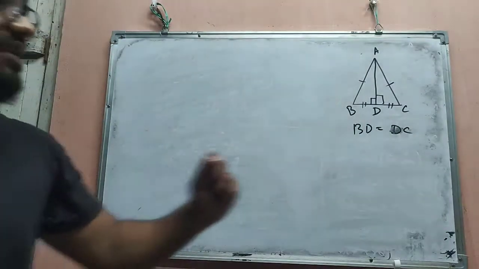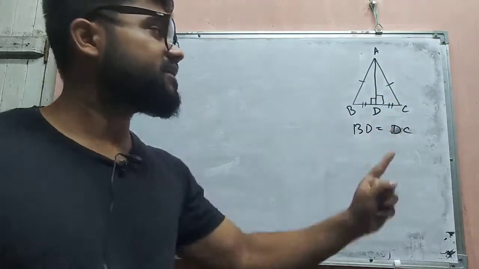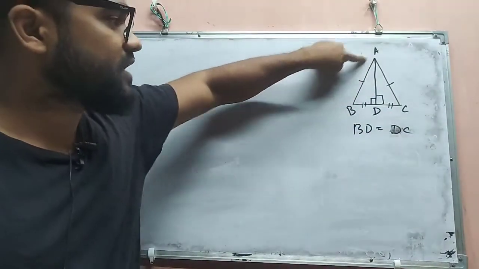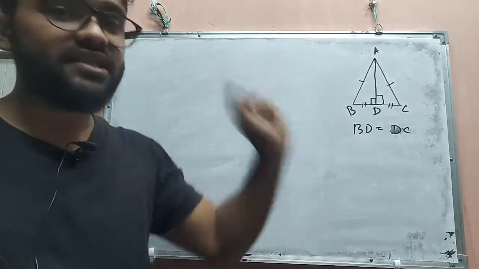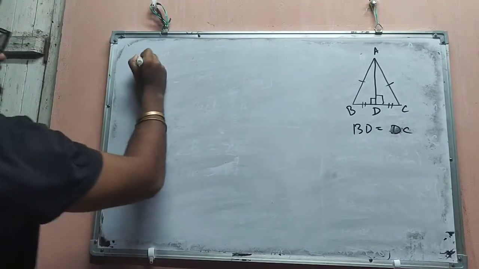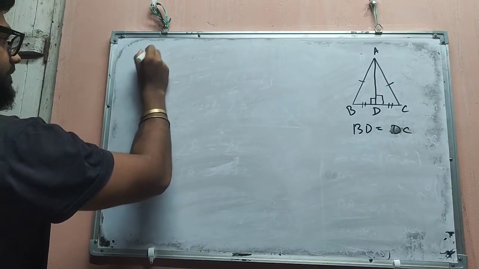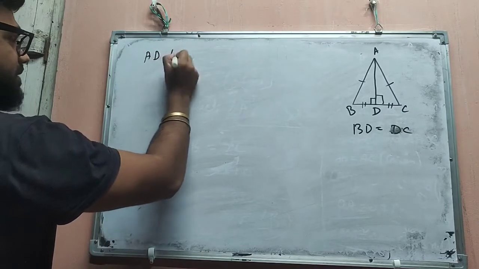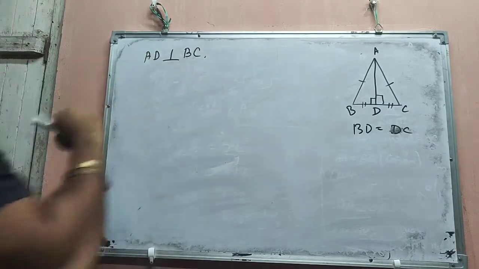Now the AB and AC sides are contained in two triangles, triangle ABD and triangle ACD. So we have to prove them congruent. See how to do it. See what is given. AD is perpendicular to BC.